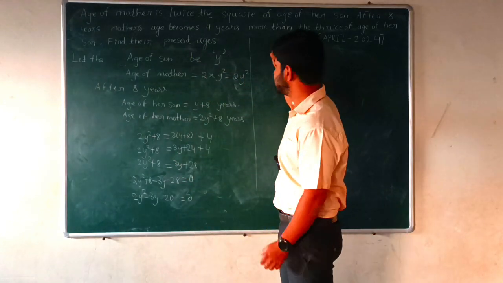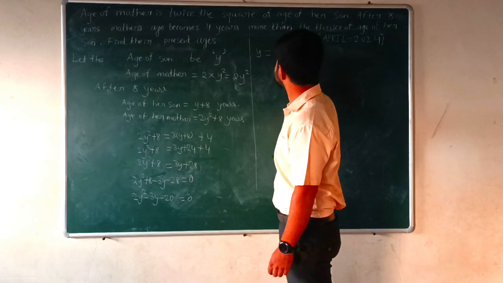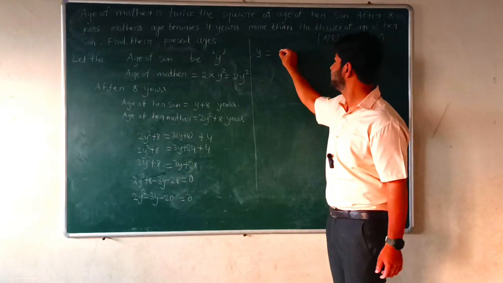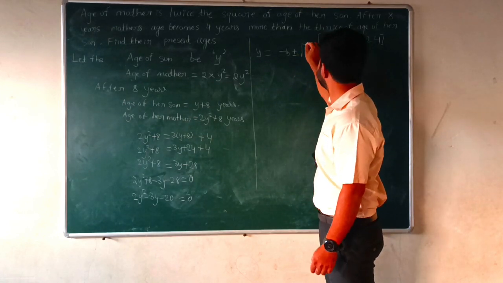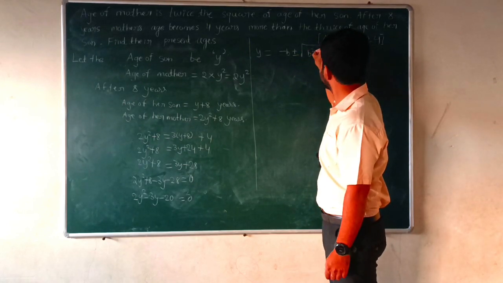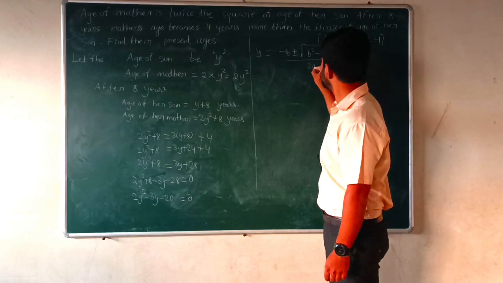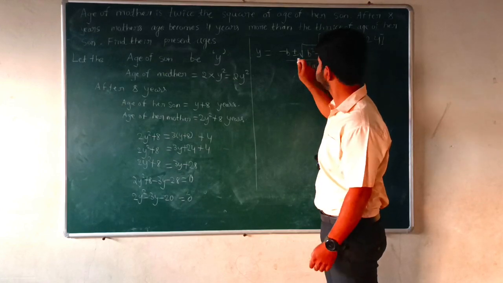That is, let me just write it in terms of y: y is equal to minus b plus or minus square root of b square minus 4ac, divided by 2a. In fact, this is under the square root.